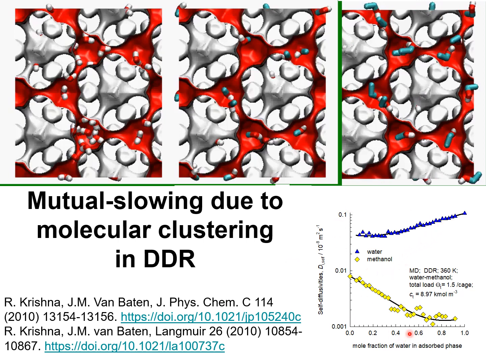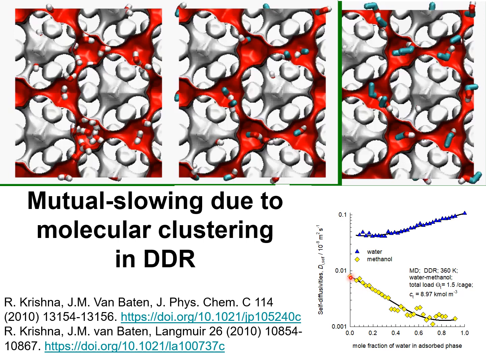This graph shows MD data for the self-diffusivities of water, indicated by the blue triangles, and methanol, indicated by the yellow diamonds, in DDR zeolite. Due to hydrogen bonding between water and methanol, we have mutual slowing down of water and methanol.